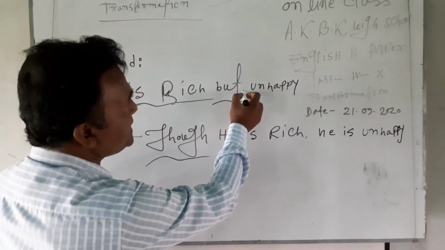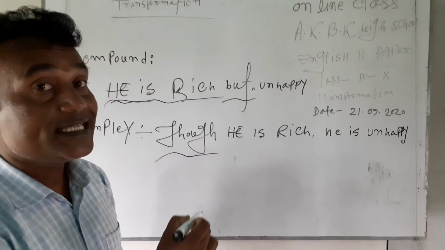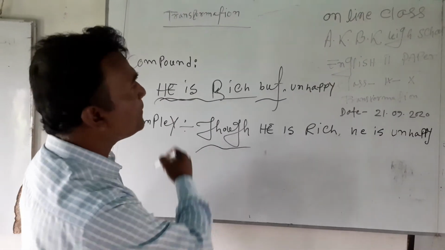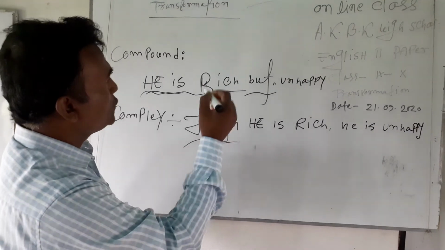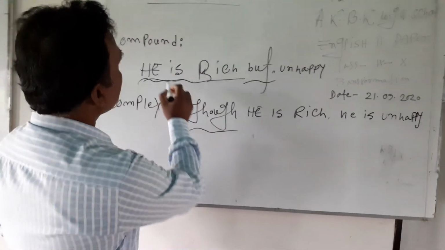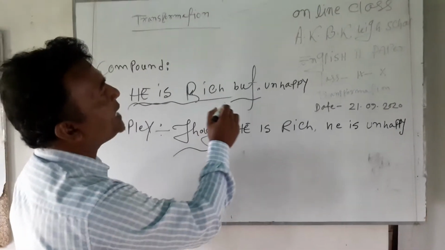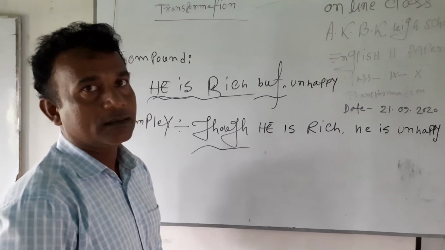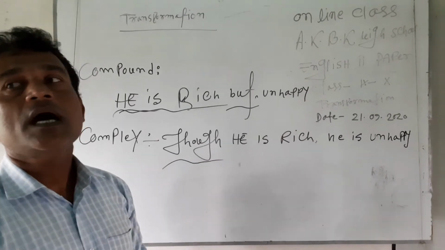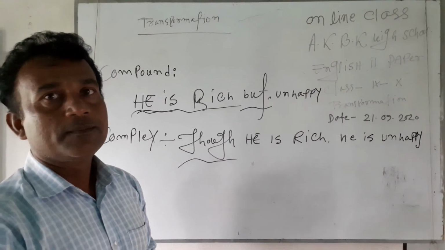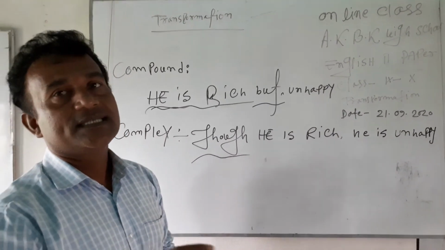Something is missing in this sentence, it is not necessary to write in a compound sentence. Because look very, very carefully. He is rich but unhappy. Something is missing, that is he is unhappy. But you don't write it in a compound sentence.